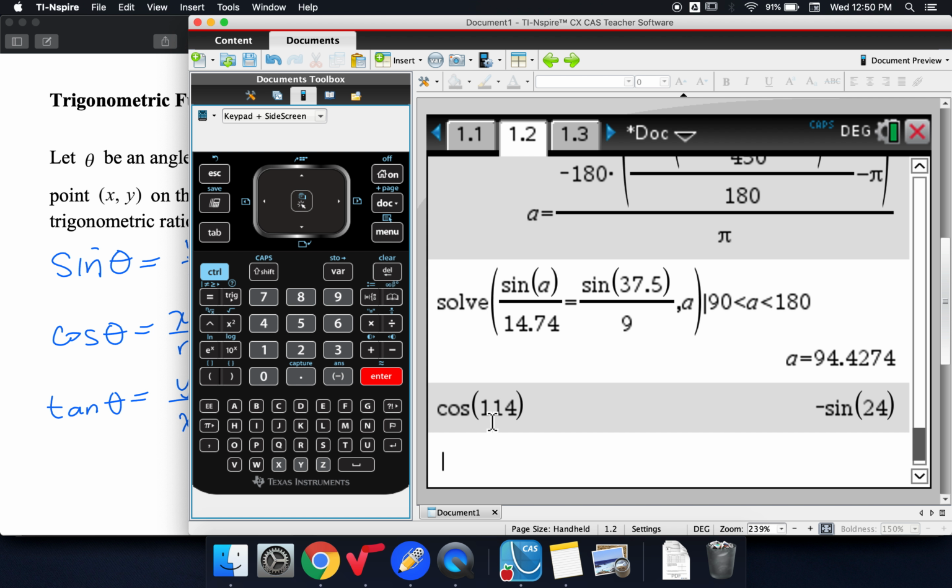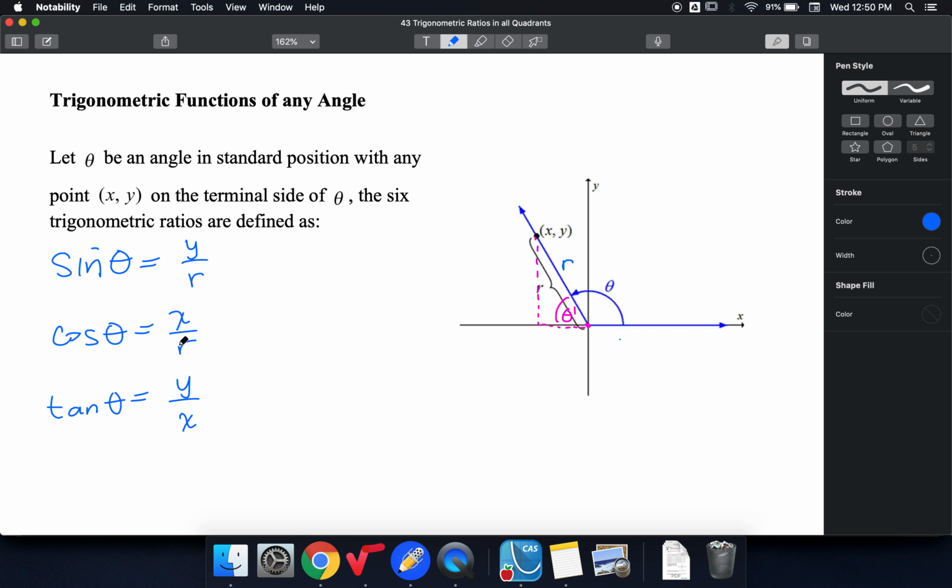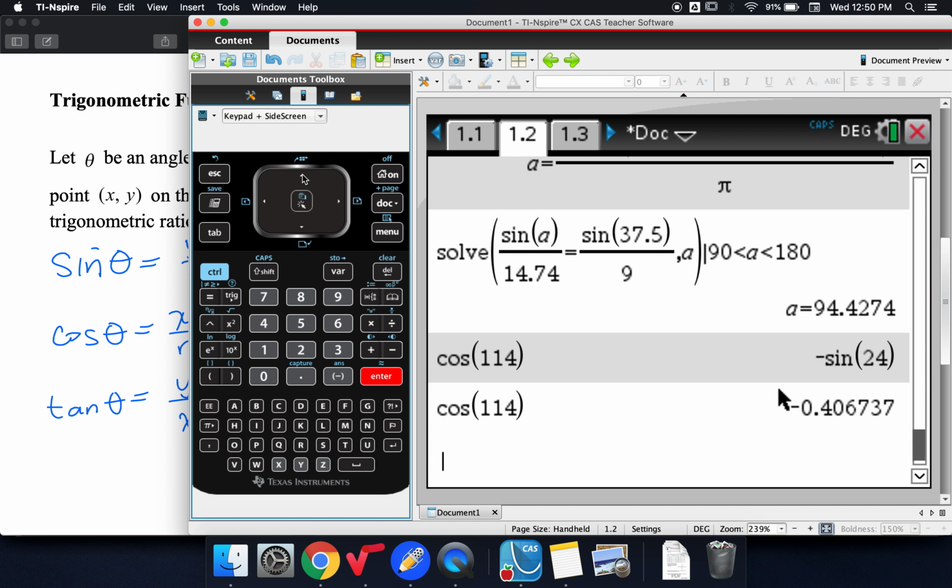Actually, my reference angle is 64, but notice that 90 minus 64 is 24, which is how sine and cosine are represented together. Let's instead do a control enter on that. Either way, we know we're going to get a negative value because it showed a negative in front. So in quadrant 2, cosine values are negative.